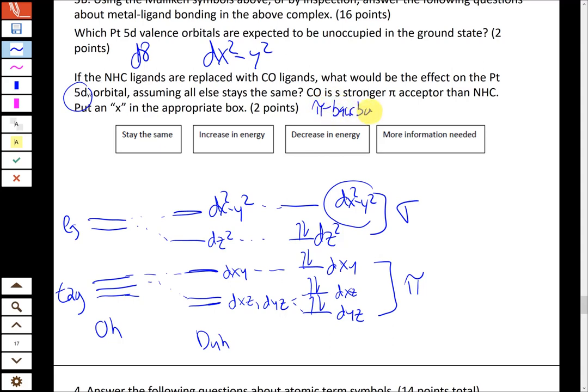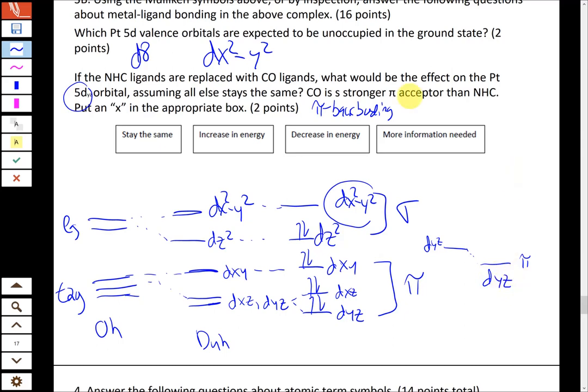And remember that pi backbonding interactions are stabilizing. So if we have our dyz orbital and it undergoes a pi backbonding interaction, it's going to be destabilized by that pi interaction. Sorry, it's going to be stabilized by that.